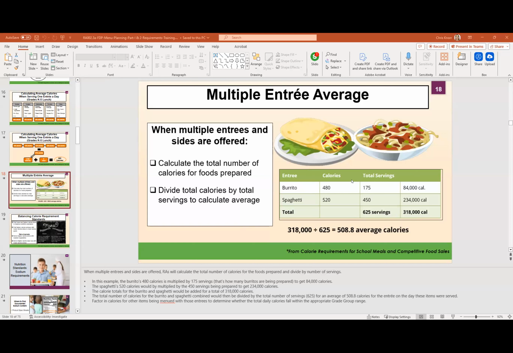If you're planning for 175, and say the sodium, ignore that it says calories, you're going to put your sodium amount here. And again, with the spaghetti, you're planning this many, and what is your sodium amount? And you're going to divide that by the total servings that you're planning for, and that's how you'll get your average for your sodium.